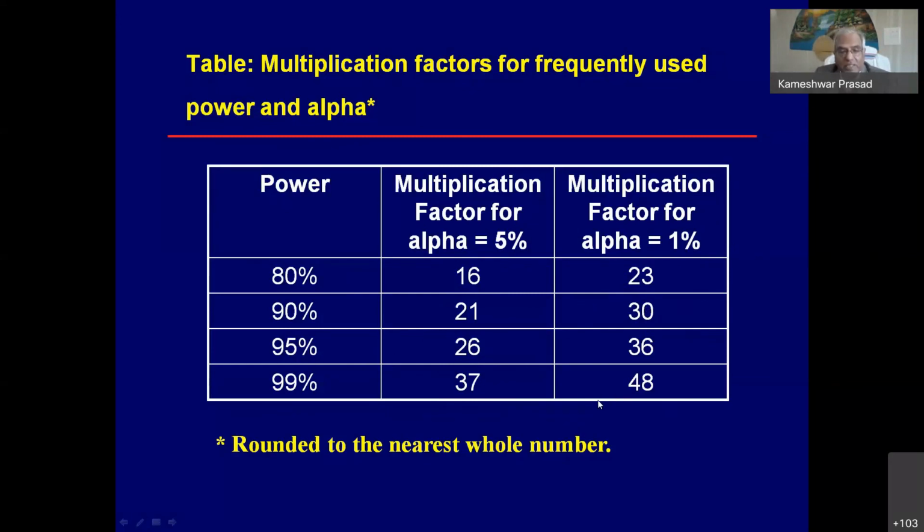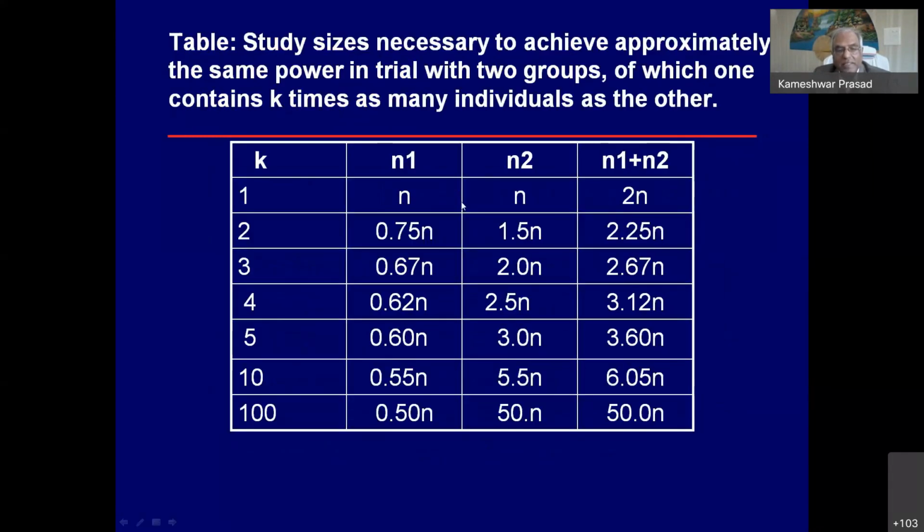Second thing, which nobody asked this question, is what if I want that control group has more number? Then you decide. I told you that what you calculate is n, and you multiply it by 2, you get 2n.